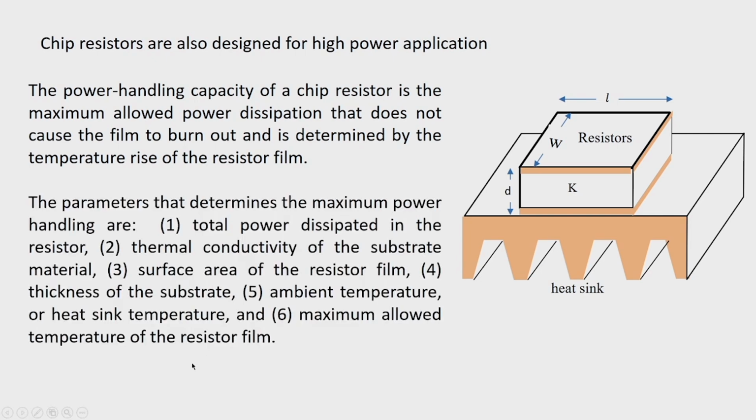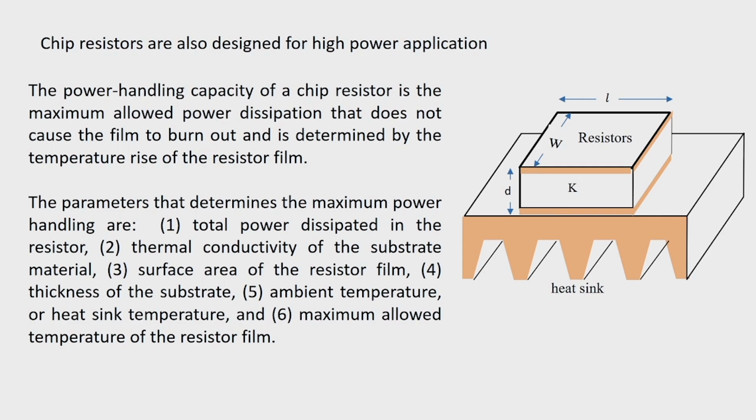Now, parameters that determine the maximum power handling of this type of chip resistors are total power dissipated in the resistor, thermal conductivity of the substrate material, surface area of the resistor film, thickness of the substrate, ambient temperature or the heat sink temperature and maximum allowed temperature of the resistor film.